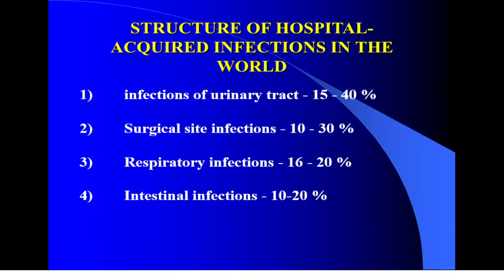Structure of hospital-acquired infections in the world. More often, it's infections of urinary tract, 15–40% of all cases. Surgical site infections, 10–30% of all cases. Respiratory infections, 16–20%. And intestinal infections, 10–20%.